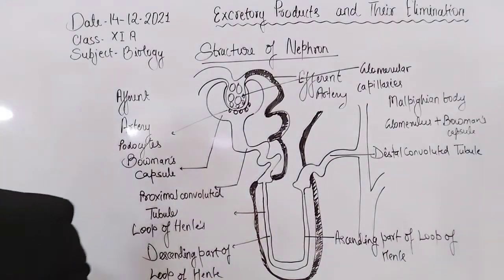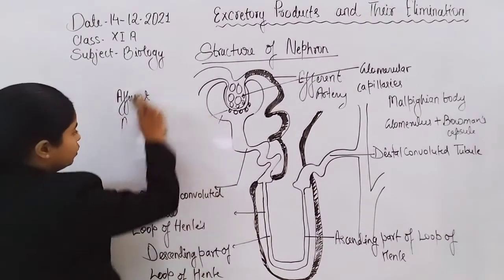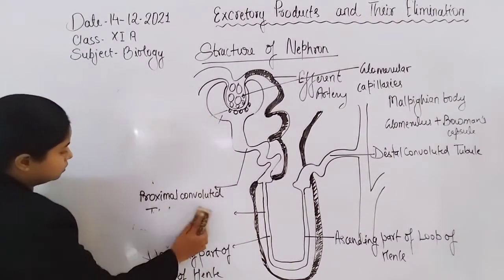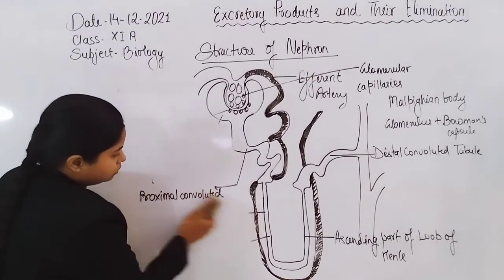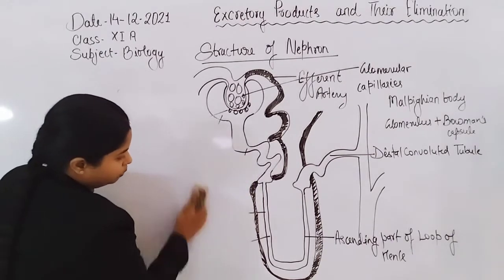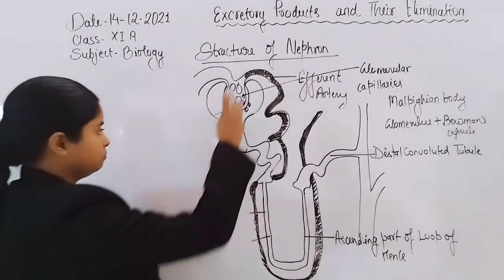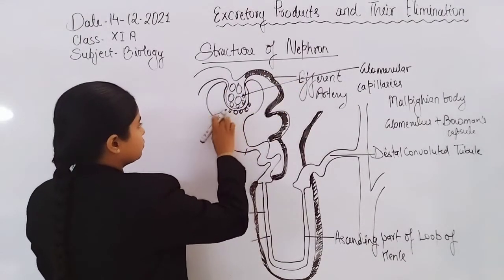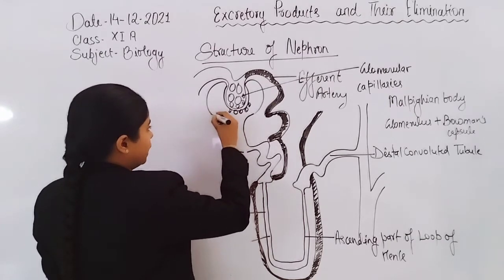Now I have to remove all this because I am going to write the components which are absorbed in the PCT, the proximal convoluted tubule.